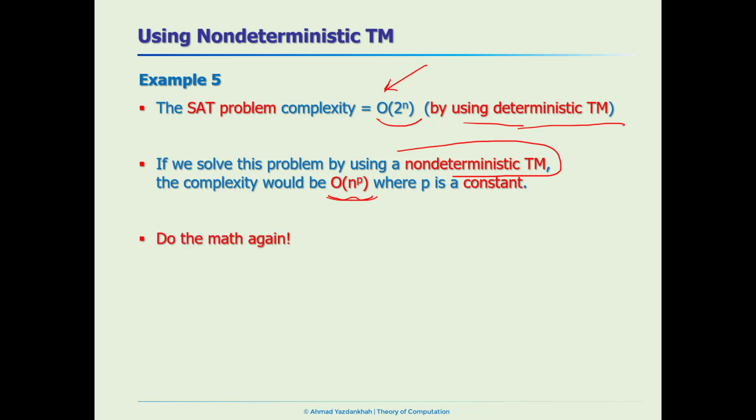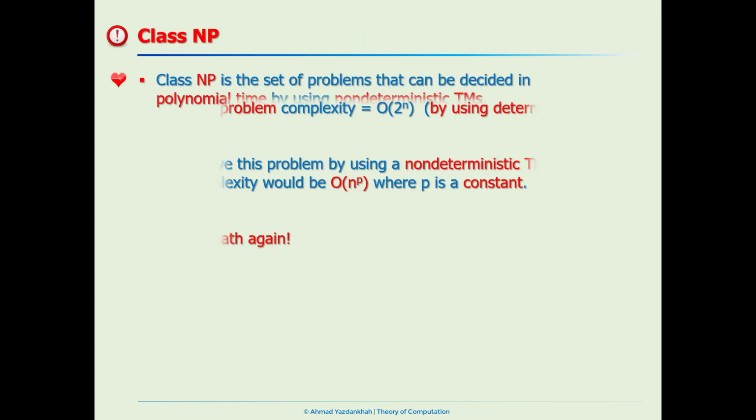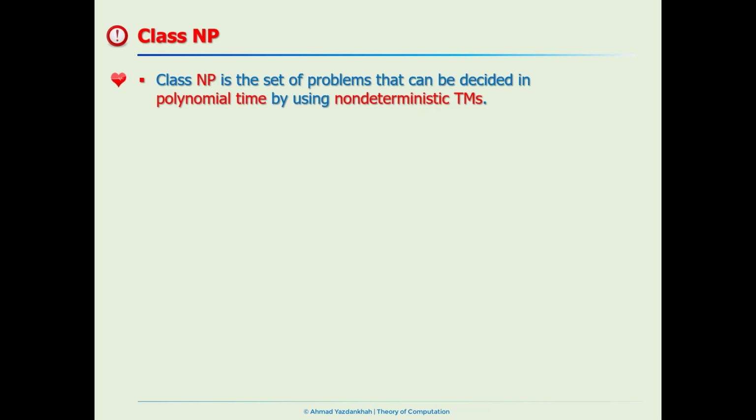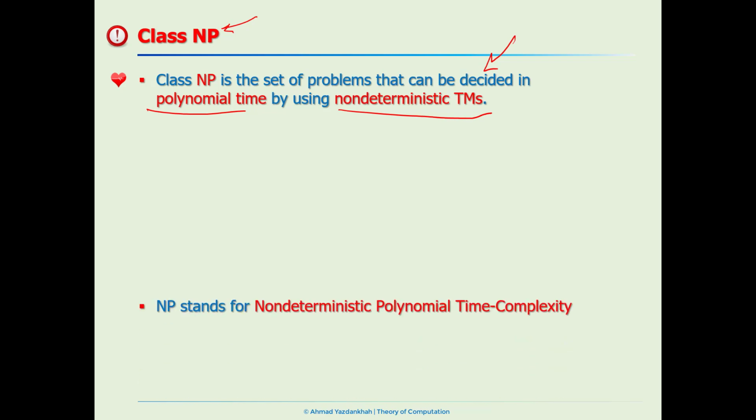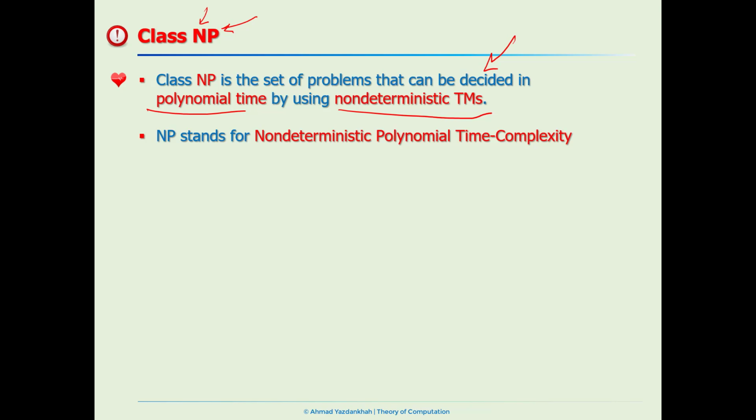Based on this theorem, we created a new class and we called it NP. This NP class is the set of those problems that can be decided or solved in polynomial time, but by using a non-deterministic Turing machine. So this N is coming from non-deterministic, and this P is coming from polynomial time.